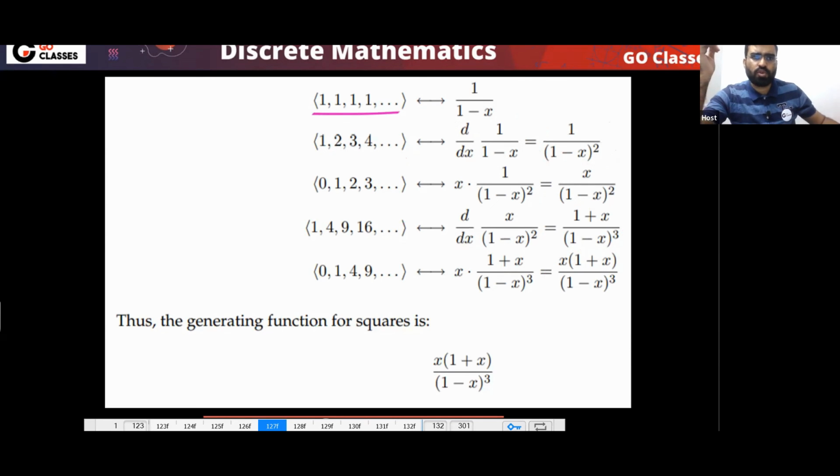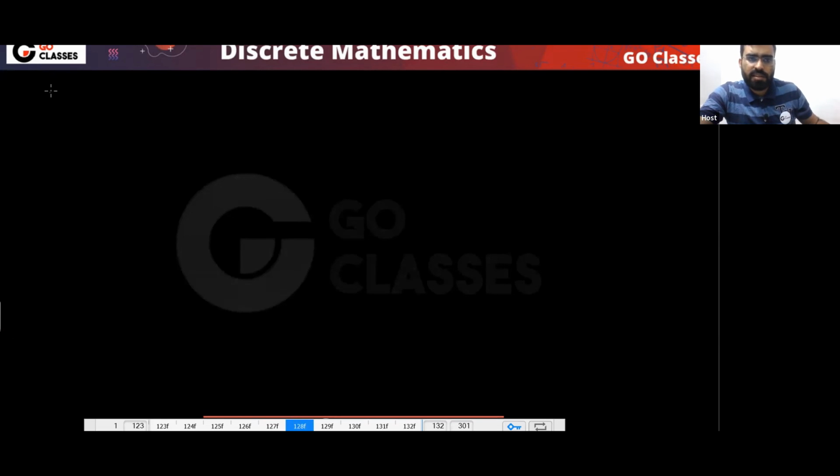But in the GATE exam, you don't have to do it like this. In the GATE exam, if I ask you the generative function for the sequence 0, 1, 2, 3, 4, then you will do the AGP.